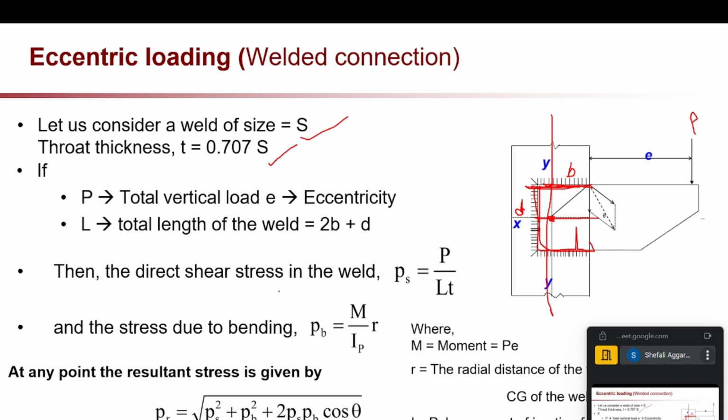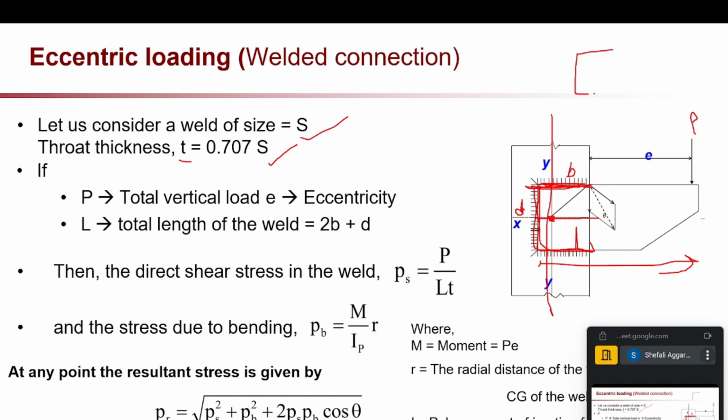So the first thing is direct shear stress in the weld. Shear stress is given by load per area. Load is P, area is given by L into T. L is the total length of our weld, 2B plus D, and T is our throat thickness, right?